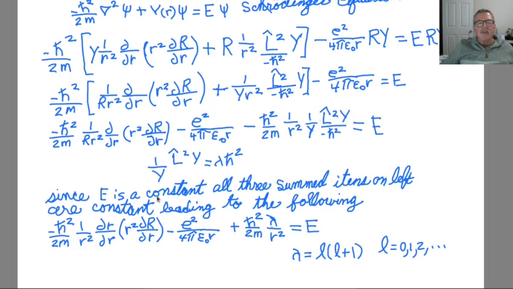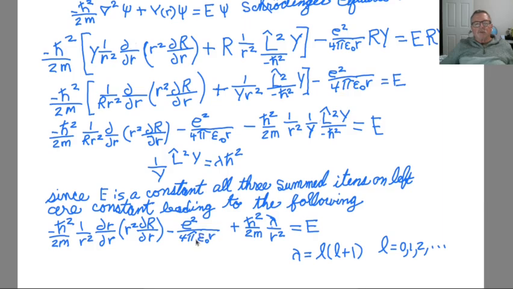Since E is a constant, all three summed items on the left are constant, leading to the following statement. Negative h bar squared over 2m, 1 over r squared. What disappeared? Well, the r disappeared. Well, that can be lumped into a single constant.